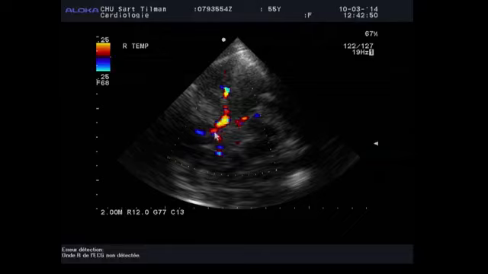The anterior communicant artery is not shown here because it's very small. Here you have the second segment of the anterior cerebral artery, and this is the other side here with the left anterior cerebral artery.